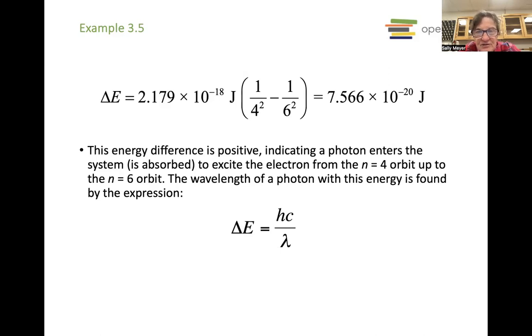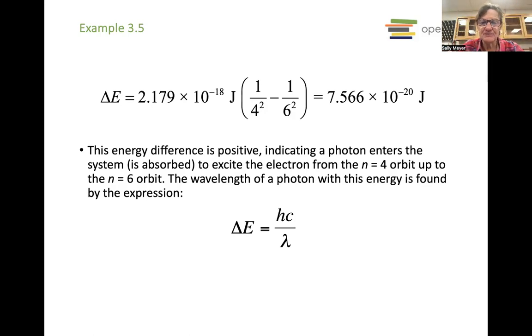You multiply those, you end up with an energy separation between the 4th and the 6th state, and it's 7.566 times 10 to the minus 20. Pretty tiny number when you're talking about one little electron. If you were talking about like a mole of electrons, that'd be a different question. But this is just in one atom, how far apart are those two states?